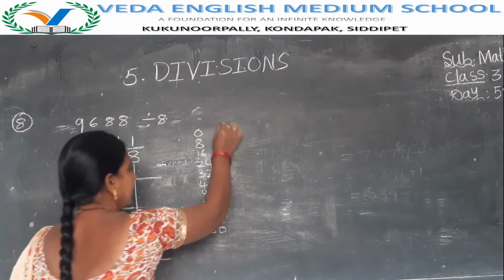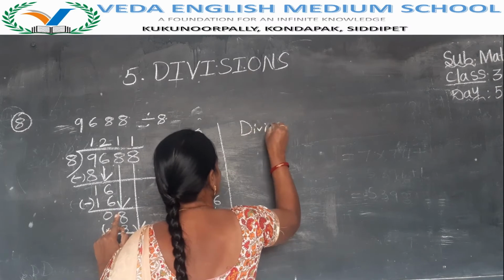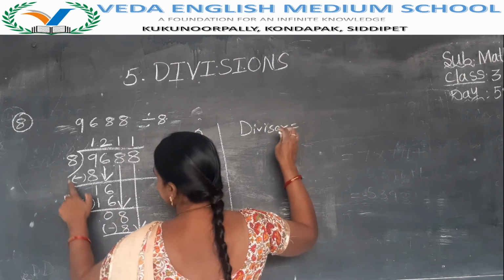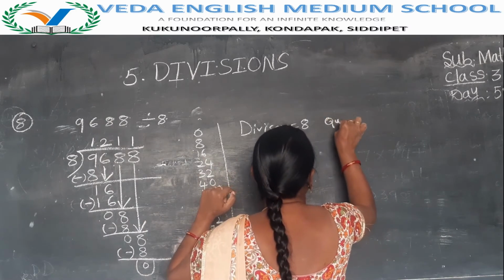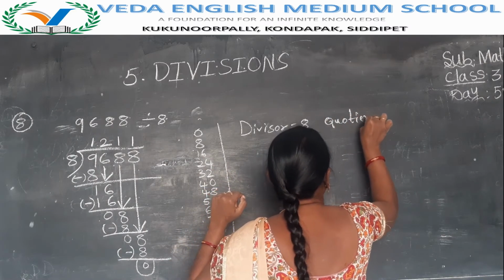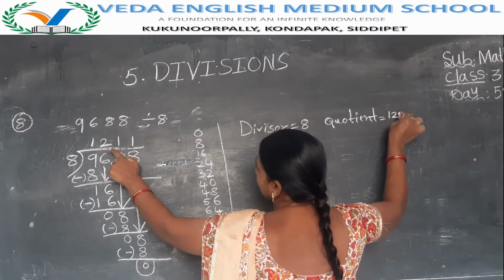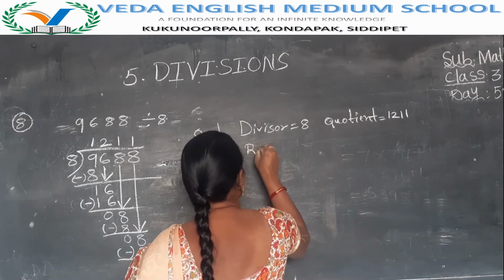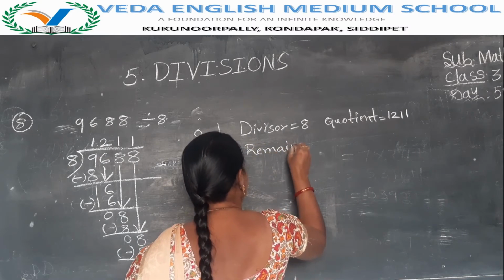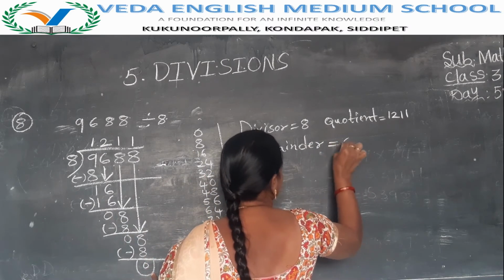Next, now write here: divisor. Divisor is 8. Quotient, Q-U-O-T-I-E-N-T. Quotient is 1211. Remainder is 0.